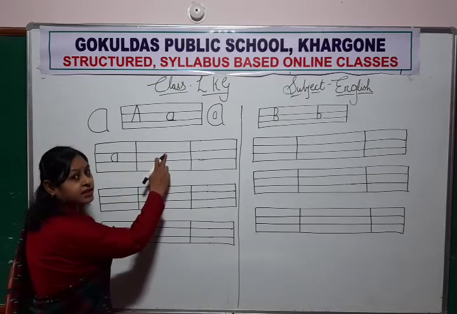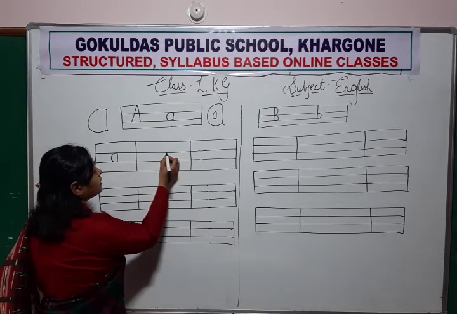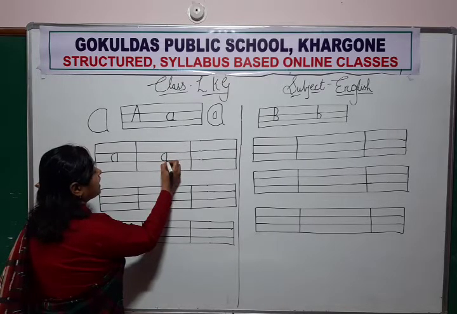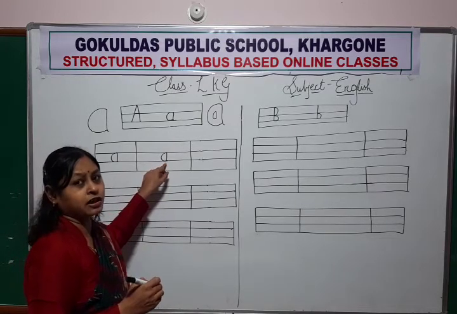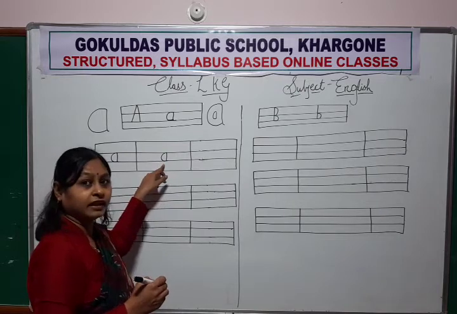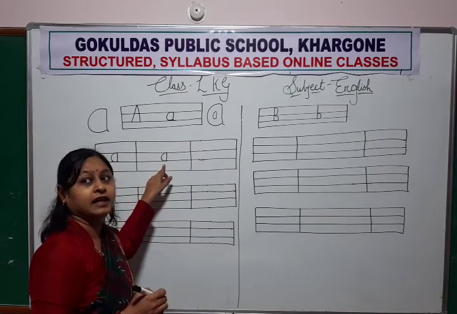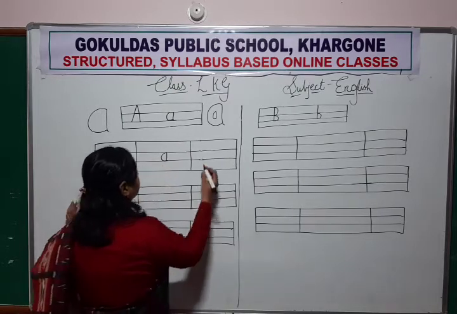Look here, dot is given on the middle line. So half circle, standing line, and then small tail. Okay, small tail of letter A. So which letter is this? Letter A. And sound of letter A is A.